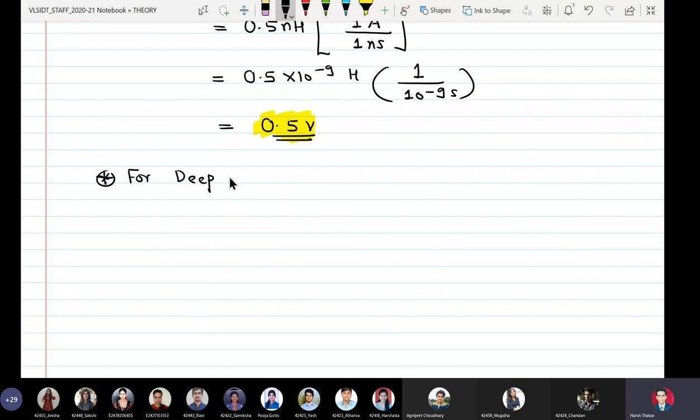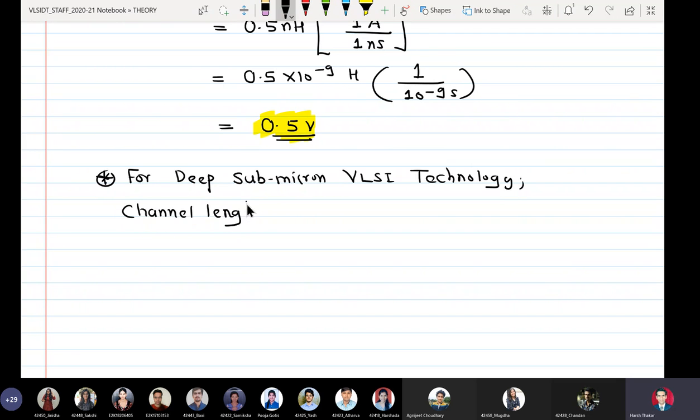Okay, so for deep submicron VLSI technology, channel length L is less than 100 nanometers and the supply voltage VDD is less than 1.2 volts.